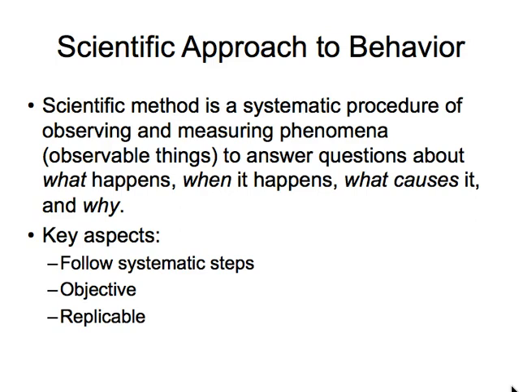Third, the procedures must be replicable or reproducible. This statement means that if other psychologists repeat the same procedures with similar people, they would expect the same results. Only when the scientific method is followed can we be confident that our empirical results provide a true understanding of mental activity and behavior.